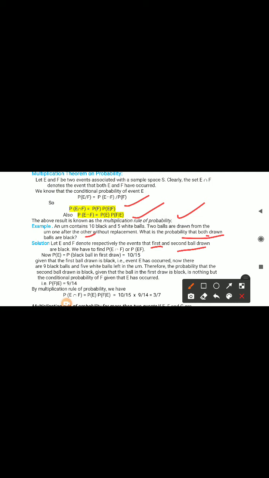Both are black. So here P(E) is equal to P(black ball in first draw), and there are 10 black balls, so 10 upon total 15. Given that the first ball is black, event E has occurred. Now there are 9 black balls and 5 white balls.